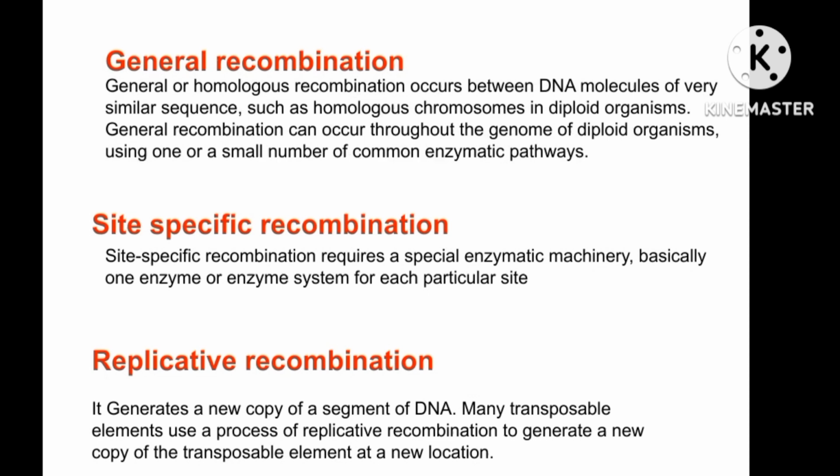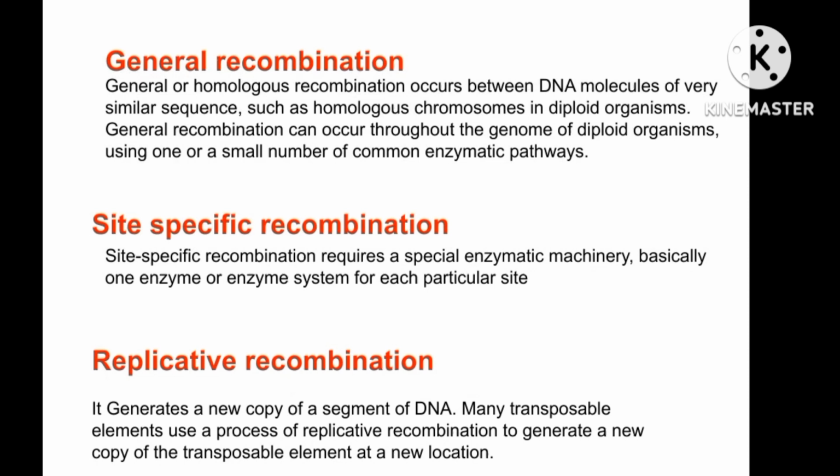General recombination is usually observed in two types: reciprocal general recombination and non-reciprocal general recombination. In reciprocal general recombination, the exchange is two-way, so the donor as well as the recipient exchange their genetic material.